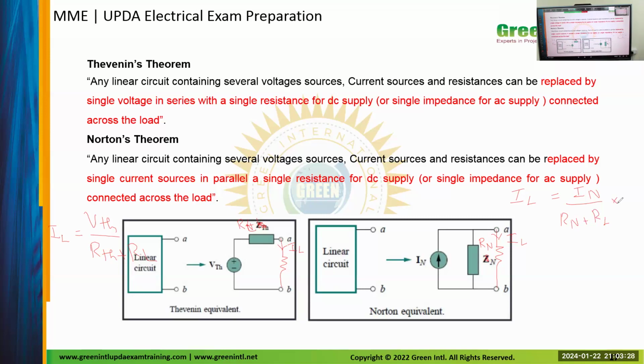What is the opposite branch? RN. So if we know Kirchhoff's current law and the current division rule, we can write the formula. You only need to remember the current division rule.